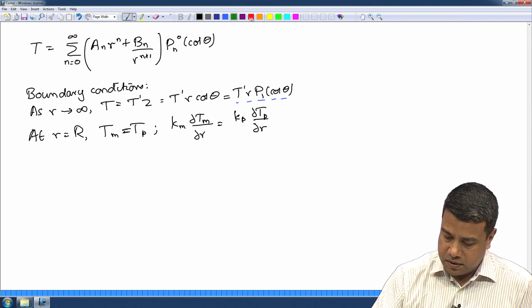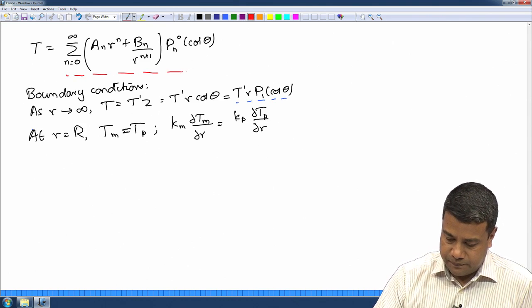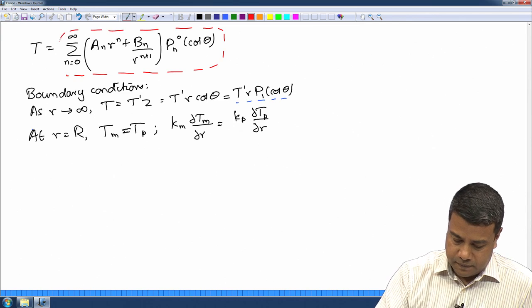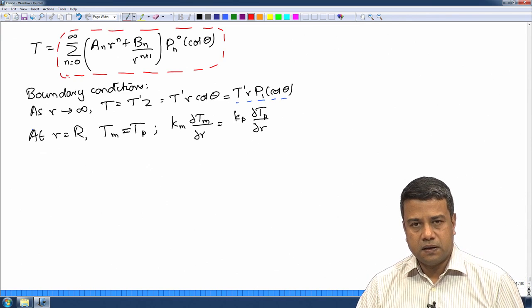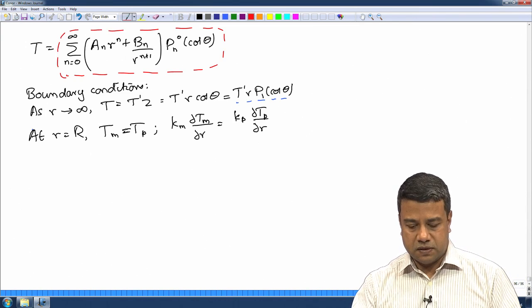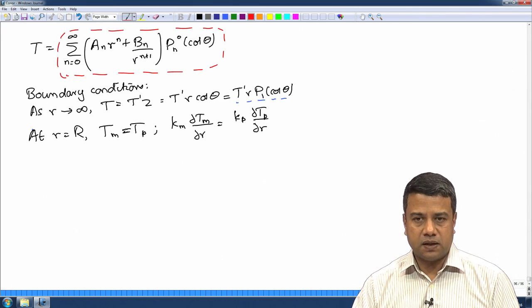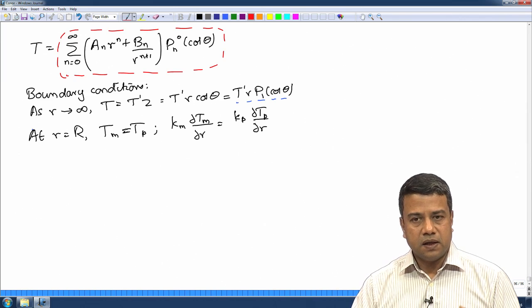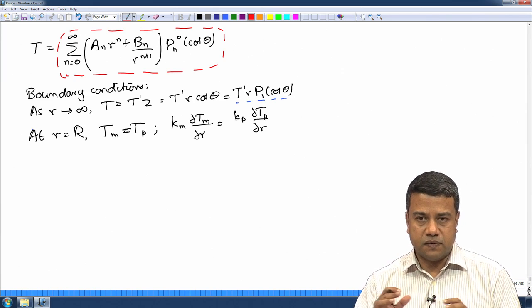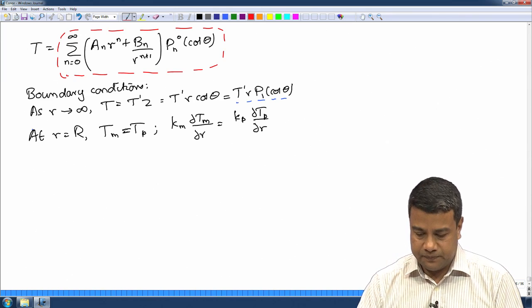And the solution is of this form. So, now I can separate out the solution into different components for n is equal to 0, n is equal to 1, n is equal to 2, etc., and solve using boundary conditions for each one of them.